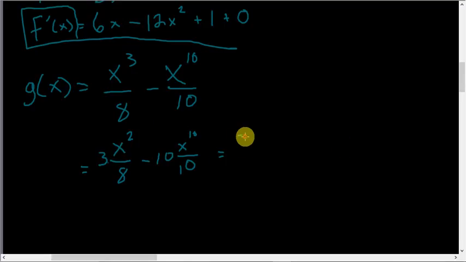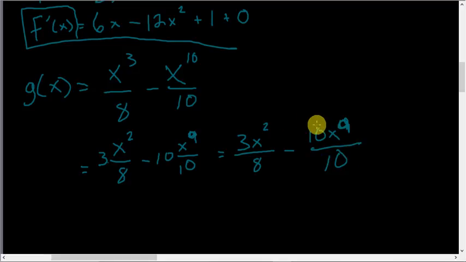We'll rewrite that as 3x squared over 8, and you can't simplify this anymore. Minus, these two cross out, but I'll write it anyway: 10x to the 10. Oops, I should have decremented that, shouldn't I have? Yep, so that's 9. Well, that's not too bad. You get the idea. Over 10. These cross out, so you get 3x squared over 8 minus x to the 9th.